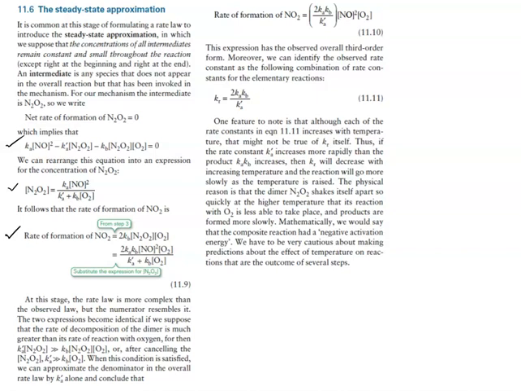For then, K sub A prime times the concentration of N2O2 would be substantially greater than K sub B times the concentration of N2O2 times the concentration of oxygen, or after canceling this term, when this condition is satisfied, we can approximate the denominator in the overall rate law by K sub A prime alone and conclude the following, that the rate of formation of NO2 is going to equal 2 times the constant K sub A times K sub B over K sub A prime times the concentration of NO squared times the concentration of oxygen gas.